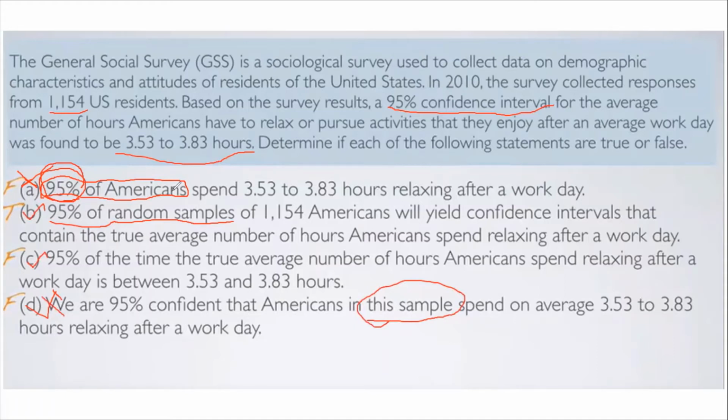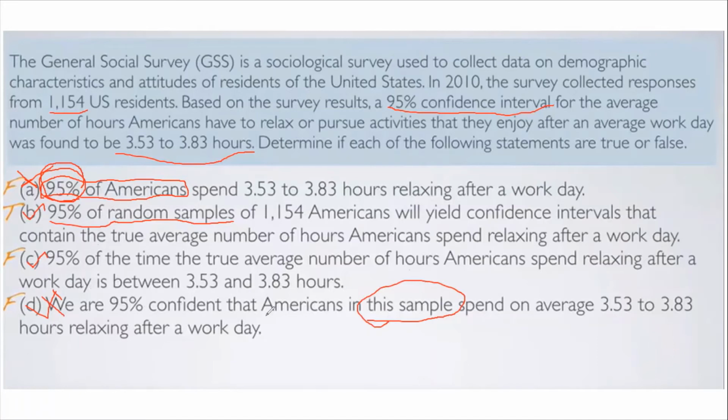So you think C is correct, right? Yes, I think so. C is correct. Anyway, this is how you interpret it. Even if you are 95% confident, when you are not talking about the population, then it is wrong.